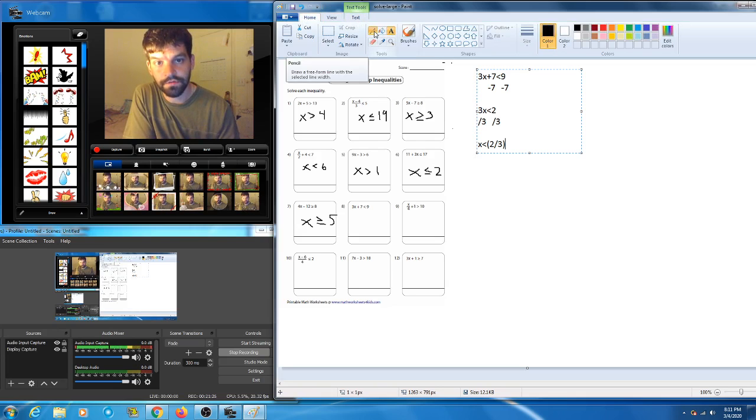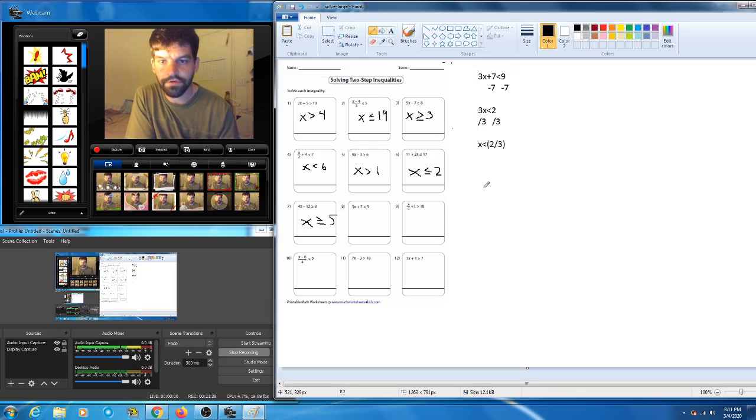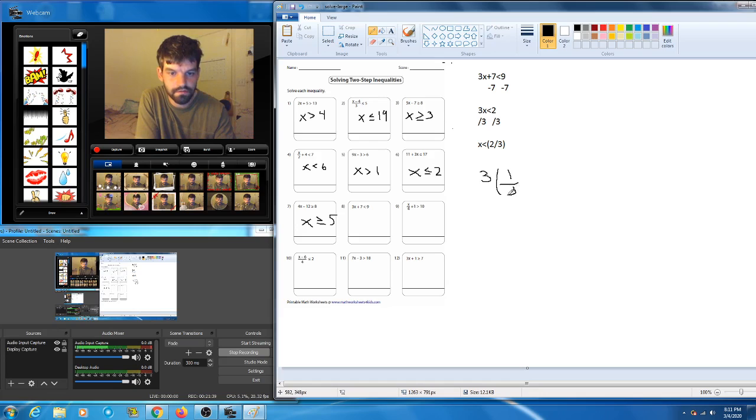Actually, just to go ahead and show you, if you were to choose 1/3, which is less than 2/3, if I plugged in 3 times the quantity 1/3 plus 7 is less than 9. 3 times 1/3 is essentially 3/3. 3/3 is 1, plus 7 is less than 9.